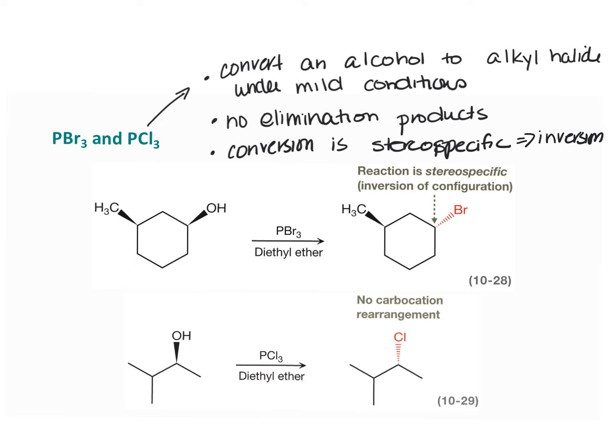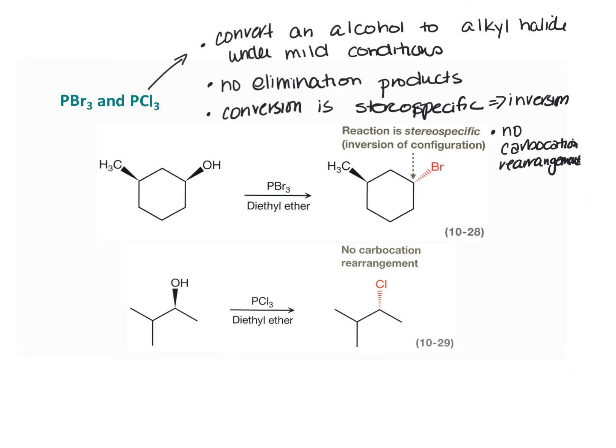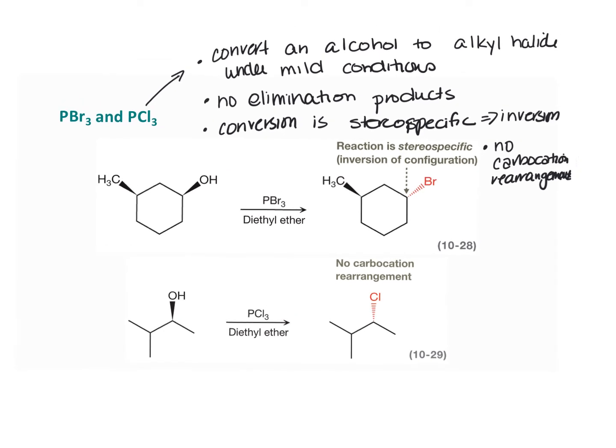And here is my favorite, because these are tricky: no carbocation rearrangements, right? So it's not something that you really have to look for. I particularly prefer these over just using a base, because I feel like there's a little bit more control here.